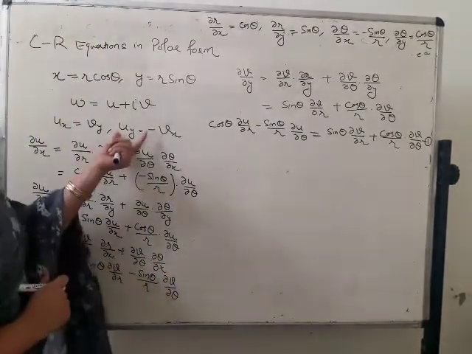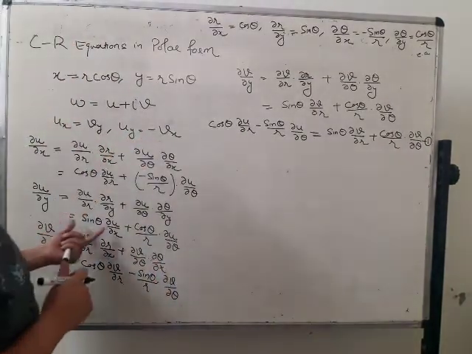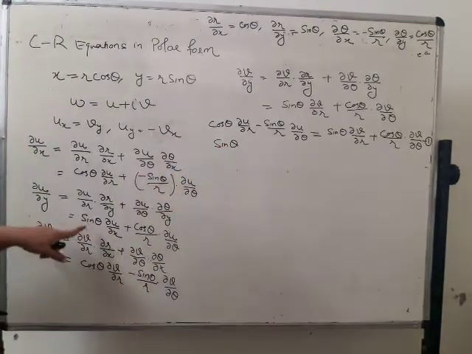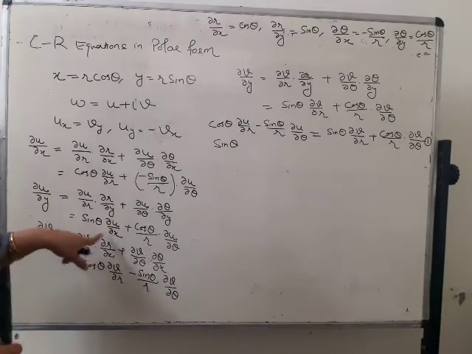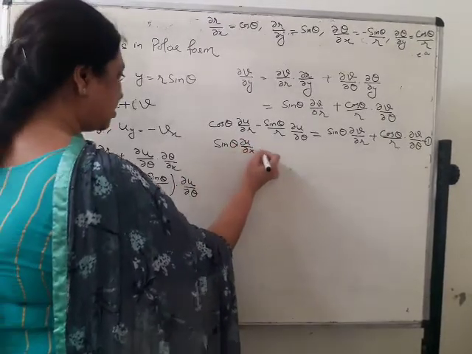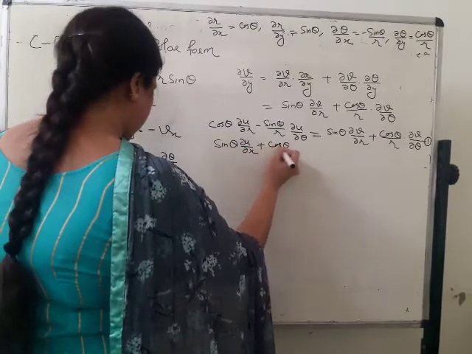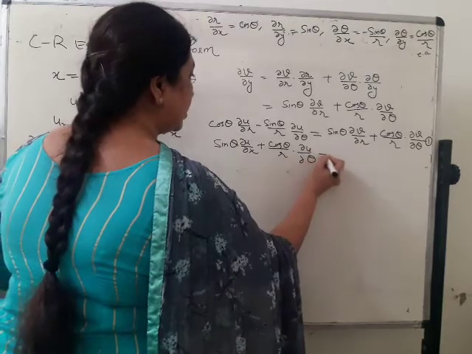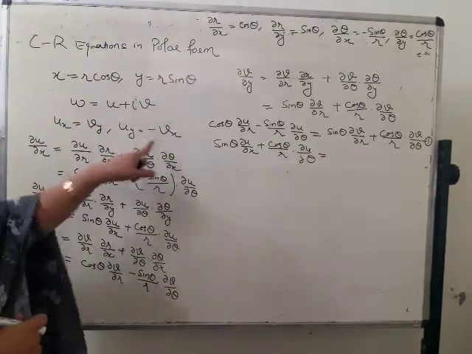From the second equation, uy is equal to minus vx. uy means sin theta curly u by curly r, as we calculated this value, plus cos theta divided by r curly u by curly theta is equal to minus vx.